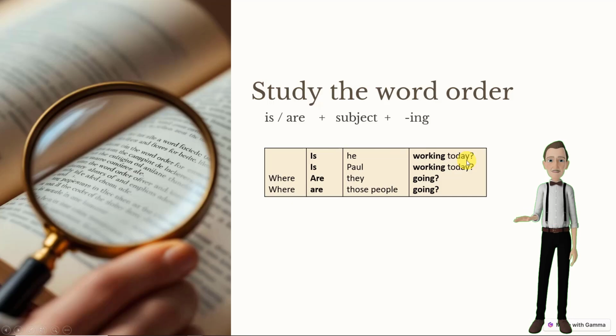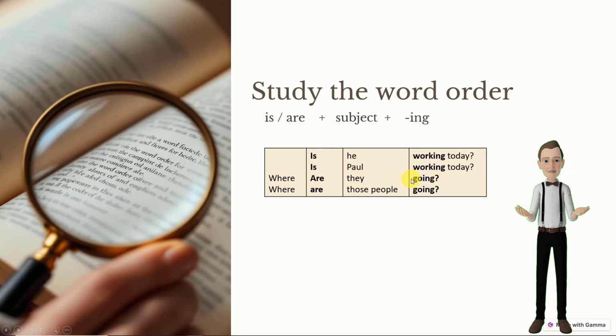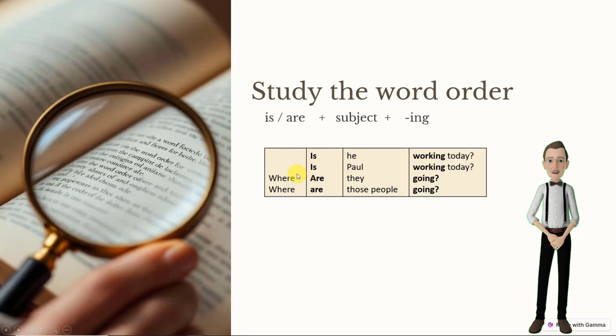Many people will say, is working today, right? Or where are they going? They'll say, where going they? Or where go they? Guys, that is so important, to study this little table over here. I know I'm referring to many tables already, but yes, it's important. If you want to speak English fluently, these are the things you'll have to follow, right?